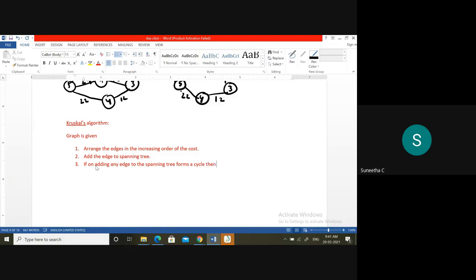Then we have to discard that edge and go for the next edge in the order.